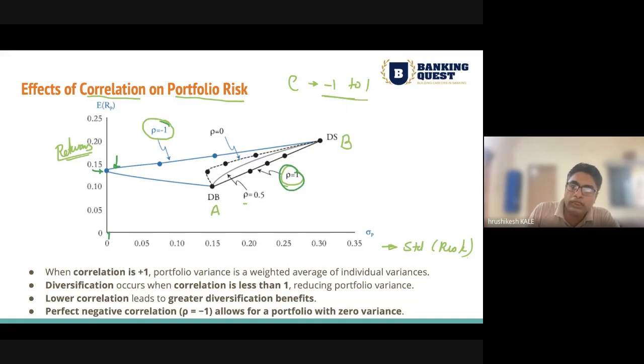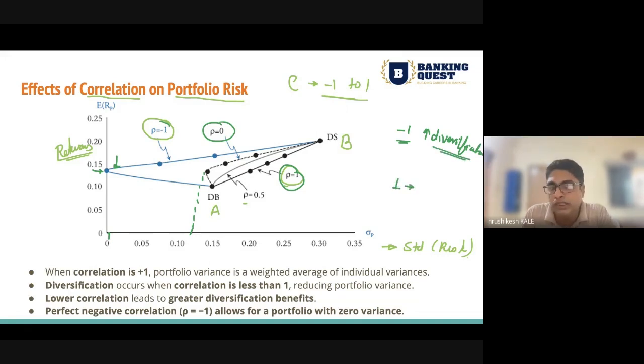But when the correlation is 0, you are getting some benefit of risk. So from all this, what I'm trying to teach you is that lower the correlation, higher is the diversification. And the higher the correlation, lower is the diversification. And with diversification, our risk reduces. We have seen it here.